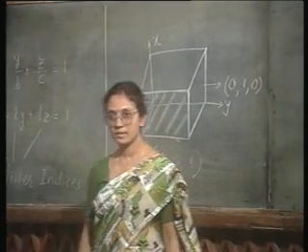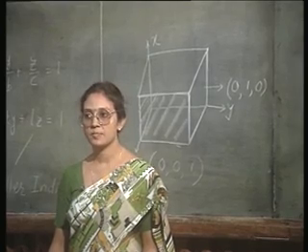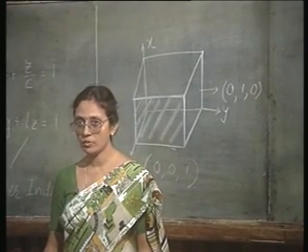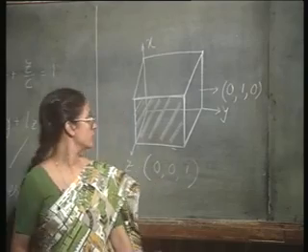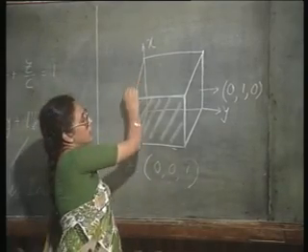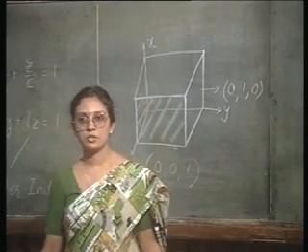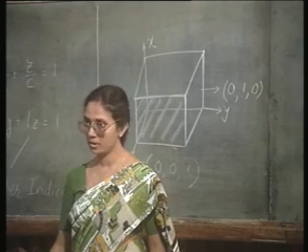Its y axis intercept is 1, its x and z axis intercepts are both infinite. Therefore, this plane will be called 0, 1, 0. Similarly, you can take the top plane and you can see that this is actually 1, 0, 0.